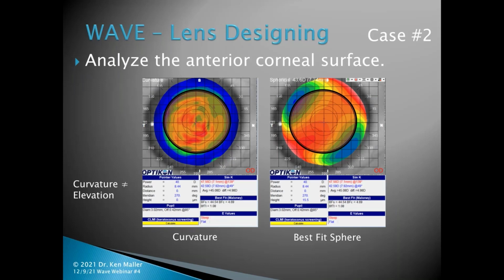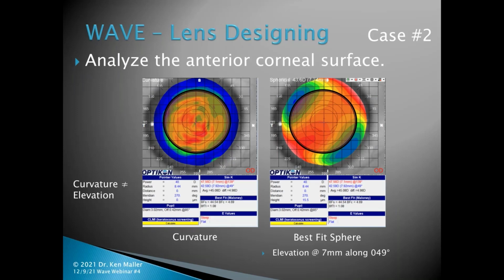In the upper right and the lower left, it's kind of hot, very red, and in the upper left and the lower right, we could see it's very blue. So again, that concept of curvature does not equal elevation is an incredibly important concept to always keep in the forefront of your mind when you're taking a look at curvature maps, because you can very quickly forget that it really doesn't tell you about the shape of that particular cornea.